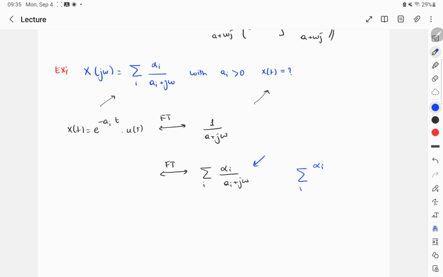right? And as we know, the Fourier transform has the linearity property. That's why if we sum up the function, we will sum up the Fourier transform, and it's true also vice versa. So we will sum up also the function itself. There will be a sigma also in the function itself, alright?